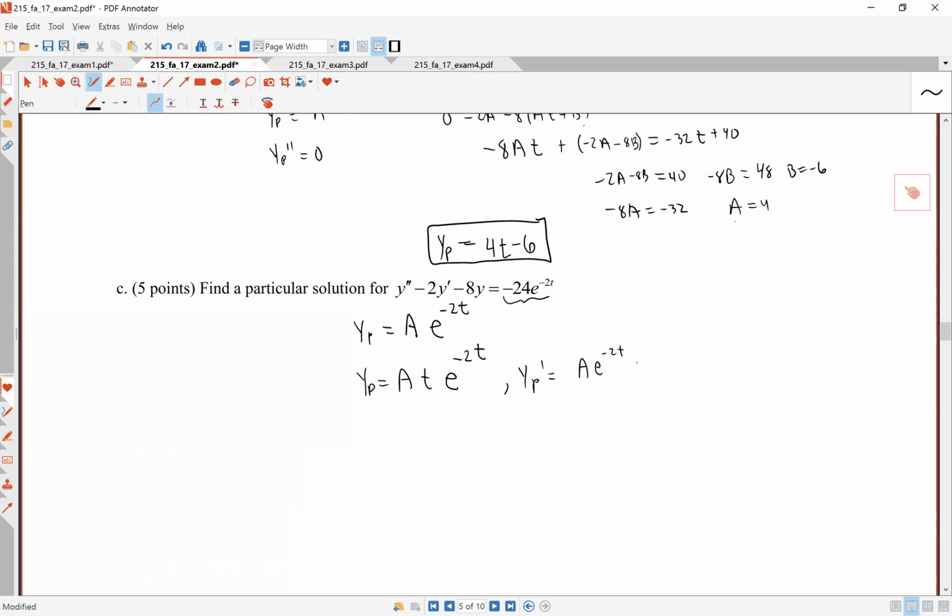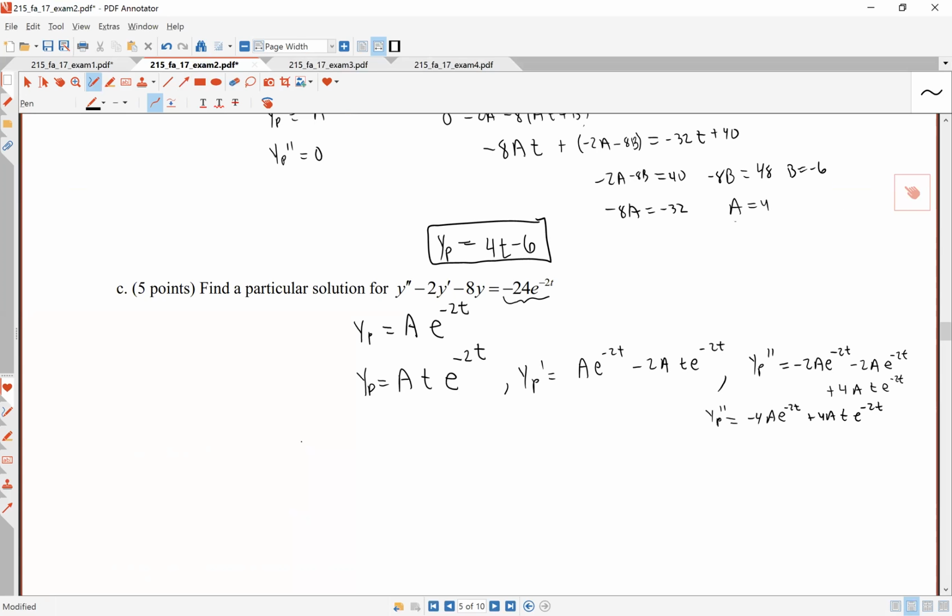Yp double prime is negative 2a e to the negative 2t minus 2a e to the negative 2t plus 4a t e to the negative 2t. So that gives us negative 4a e to the negative 2t plus 4a t e to the negative 2t.